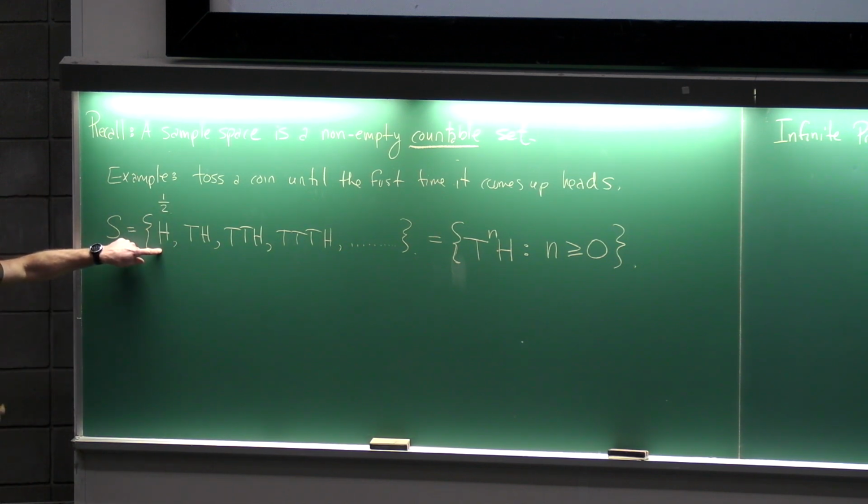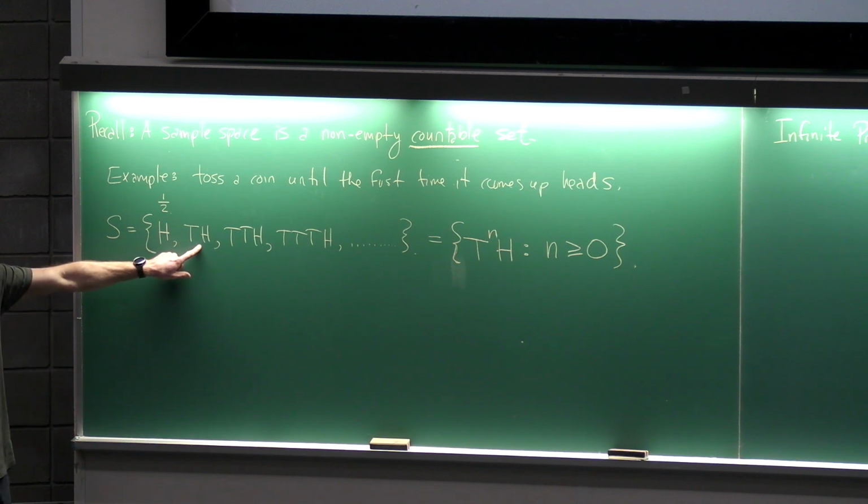So we toss a coin once, with probability 1/2 it comes up heads, with probability 1/2 it comes up tails. What's the probability of this event, or this outcome? 1/4.